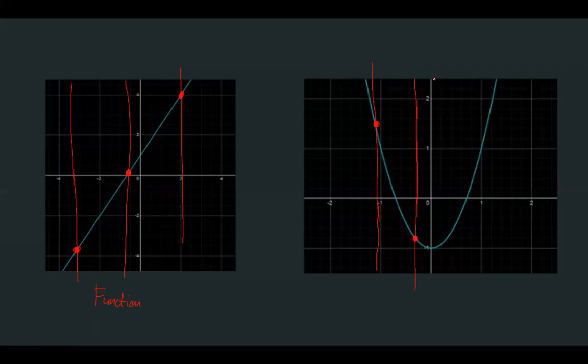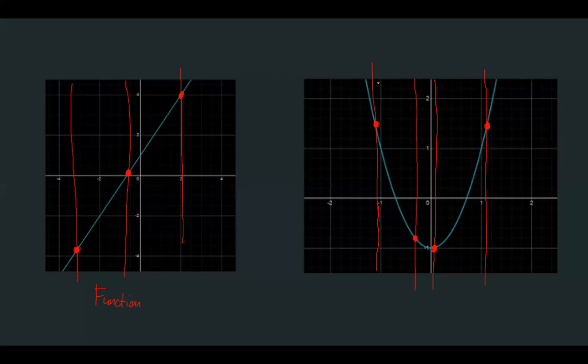How about if I draw a vertical line here as well? It intersects only one, right? Lastly, I'm going to draw another vertical line here. As you can see, it intersects at only one point.